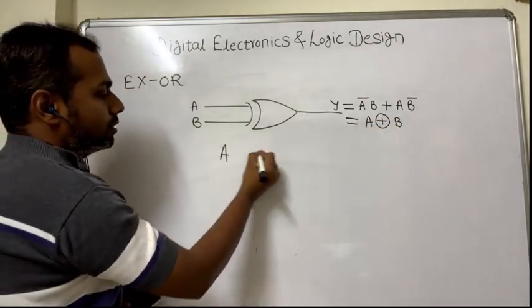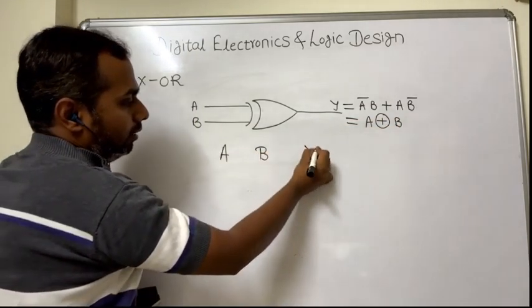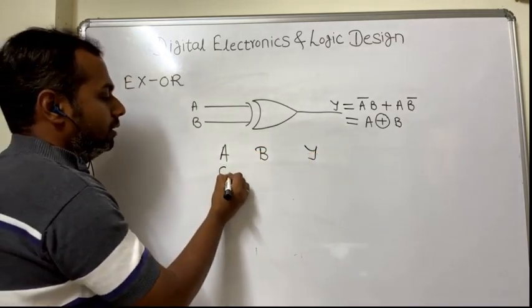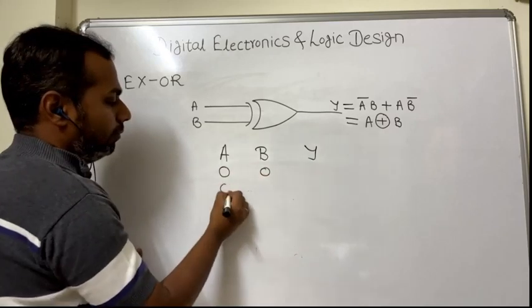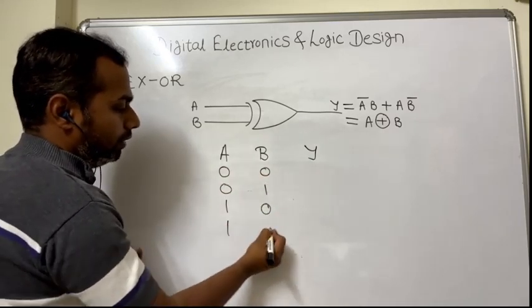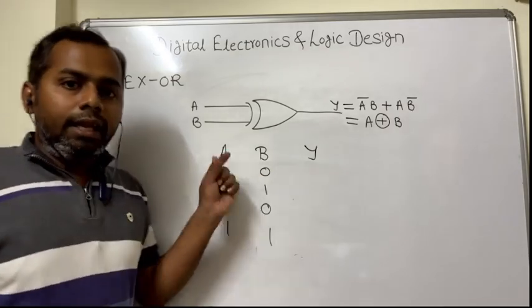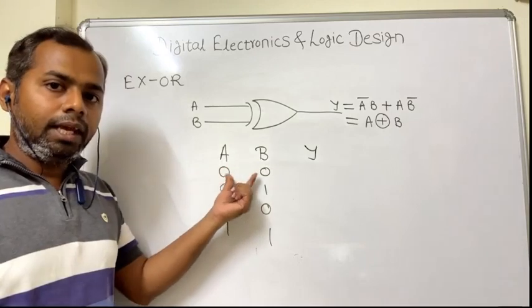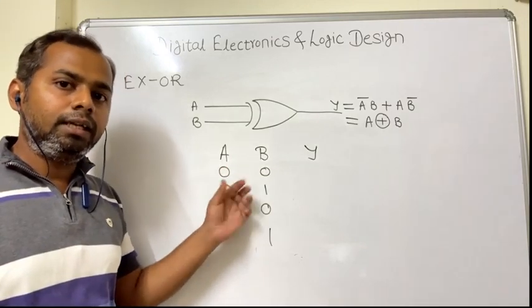For two inputs, A and B, we are going to find out the output in XOR operation. 0 0. Again, I am going to take four combinations: 0 0, 0 1, 1 0, 1 1. In XOR operation, out of two input variables, if any one of them is 1, then output is 1.